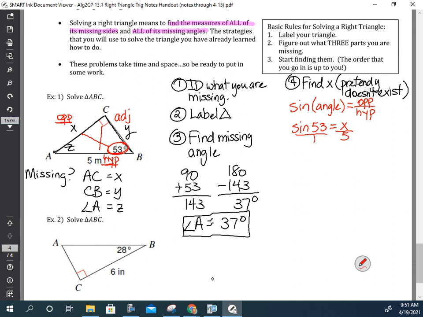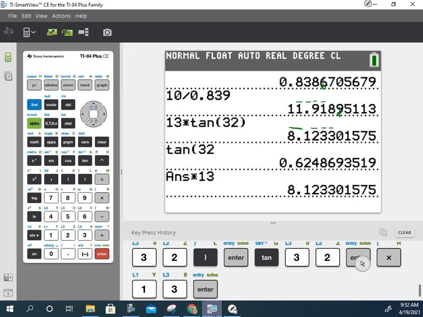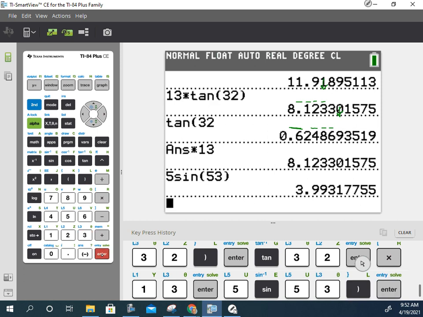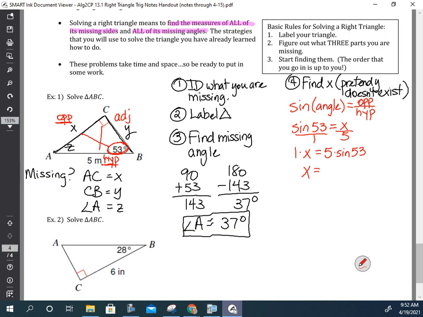Cross multiply. 1 times x equals 5 times the sine of 53. Let the calculator do a little bit of work. 5 sine 53 is 3.993. There's your x.